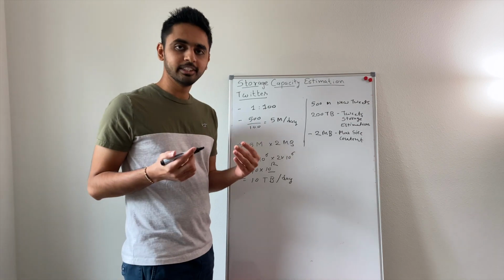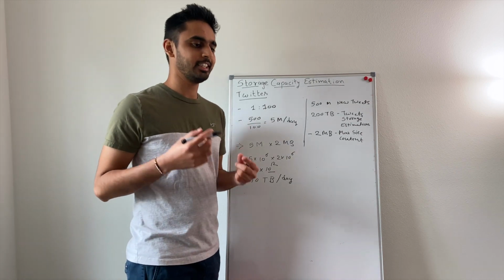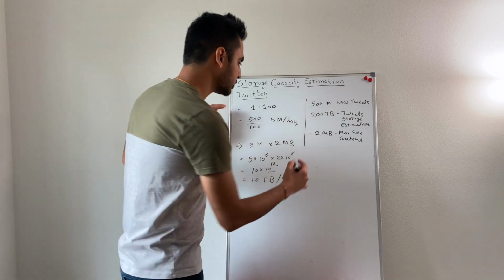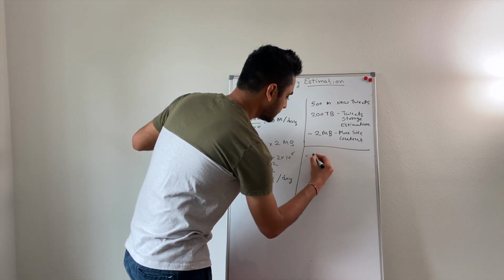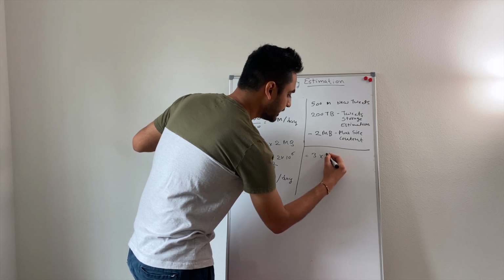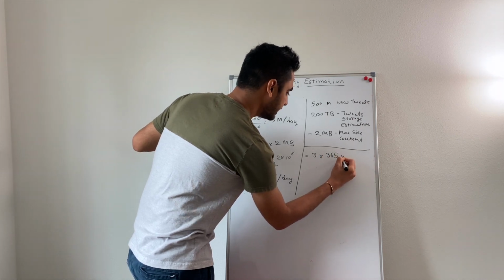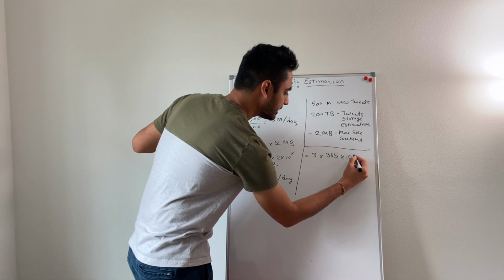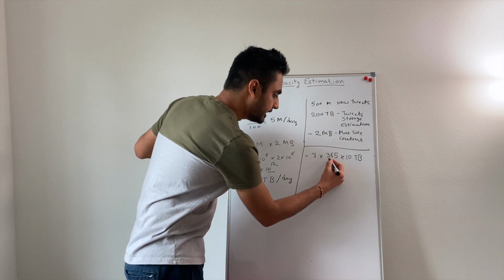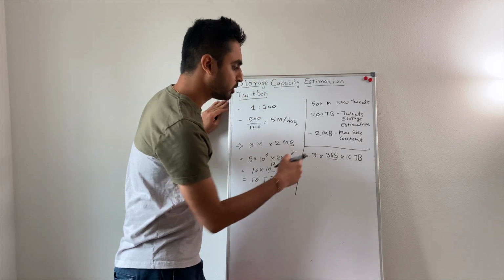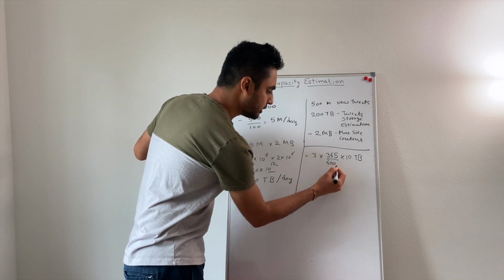And as in the previous example, we took that Twitter is keeping everything for 3 years. So what we can do here is extend our calculation to 3 years, into 1 year having 365 days, into 10 TB per day, right? Now, as I told you previously, we are going to make this 400 to make our calculation easy.